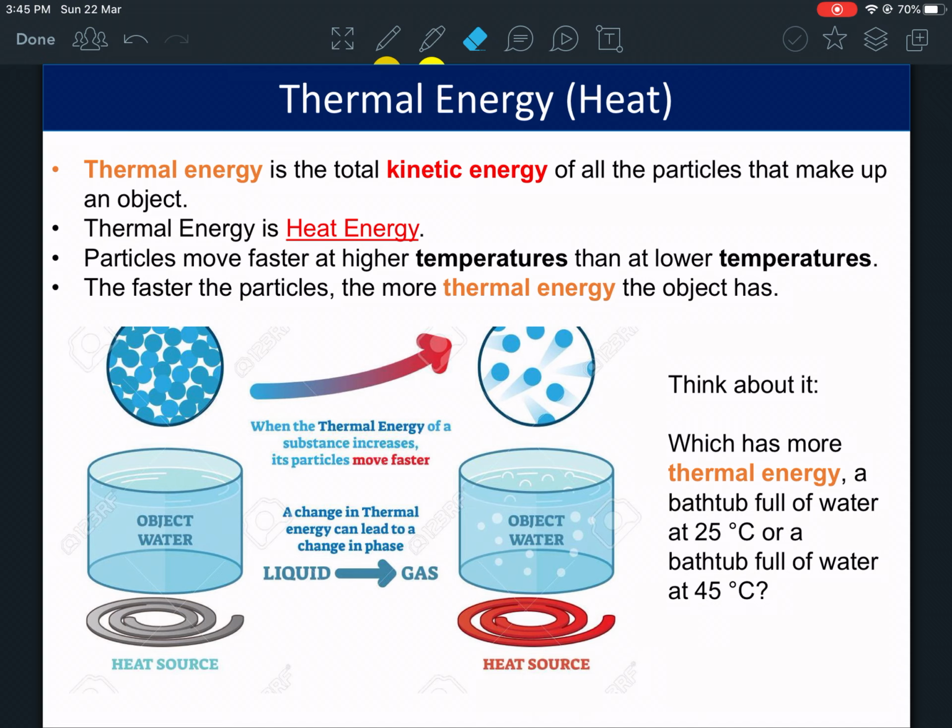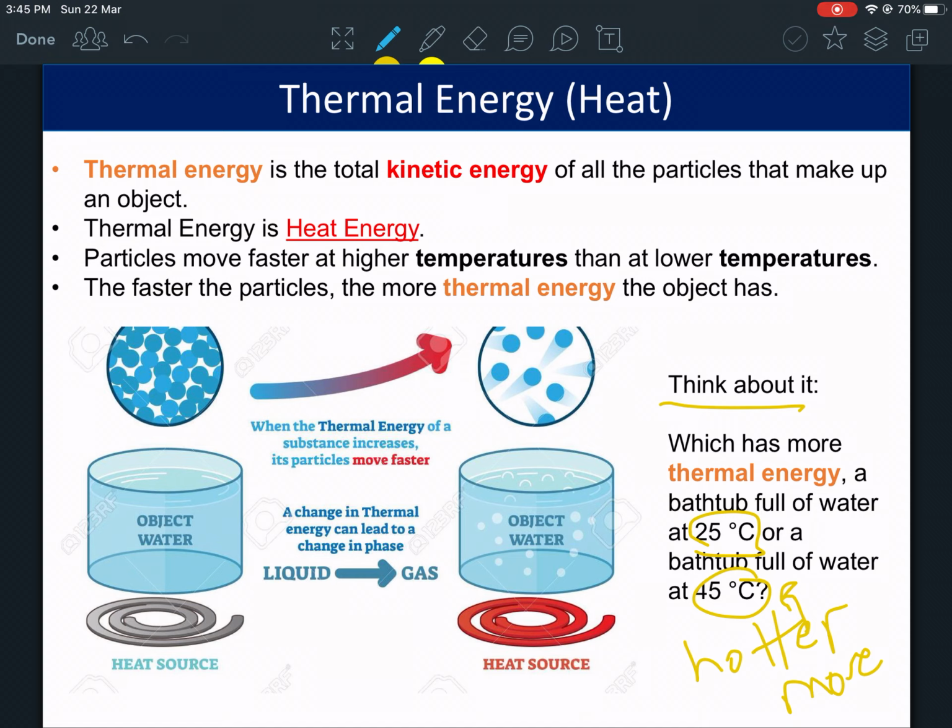Now think about it. Which has more thermal energy, a bathtub full of water at 25 degrees or one at 45 degrees? You guessed it, 45 degrees. Why? Because 45 degrees is hotter. So the hotter things are, the more thermal energy they have, that means the more heat they have.